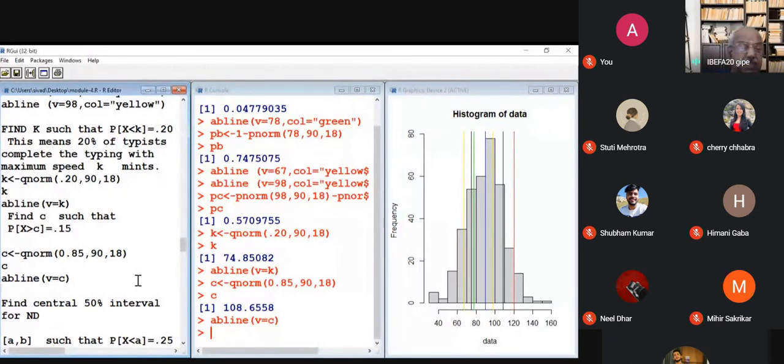So the answers we have numerically and we have on the graph. I computed the answer by using all the syntax and it can be shown on the graph as well.